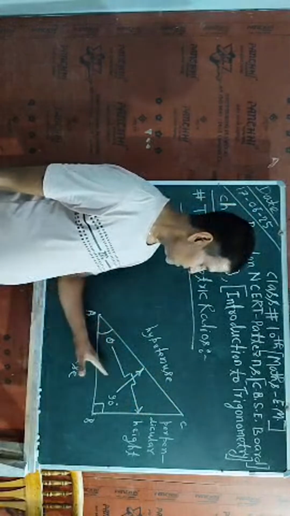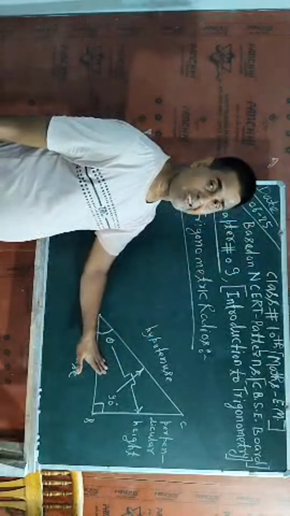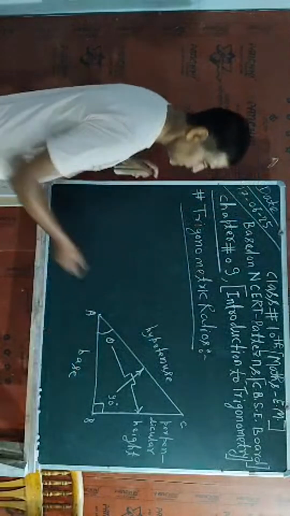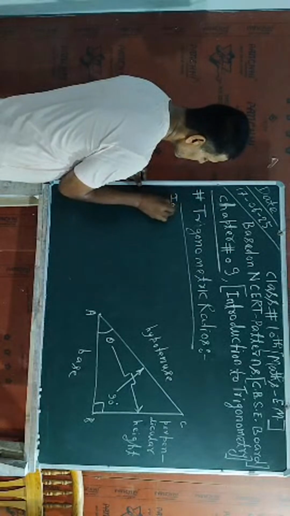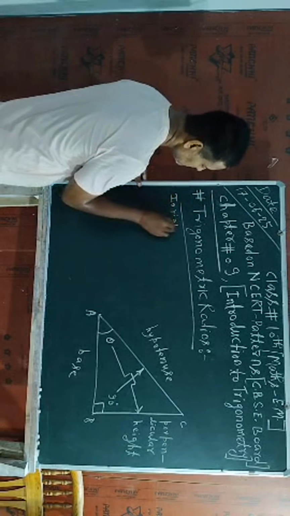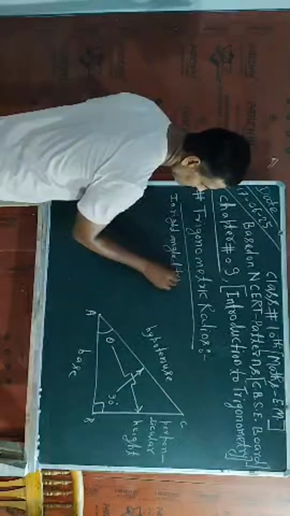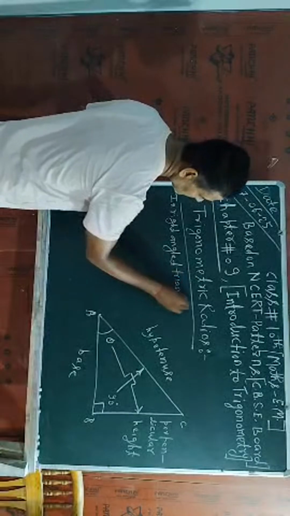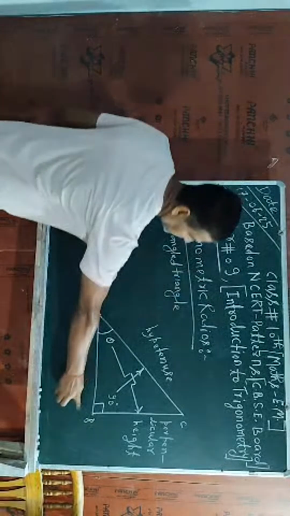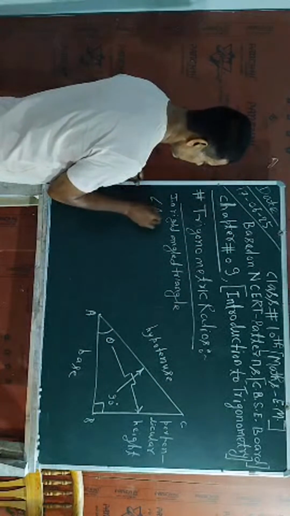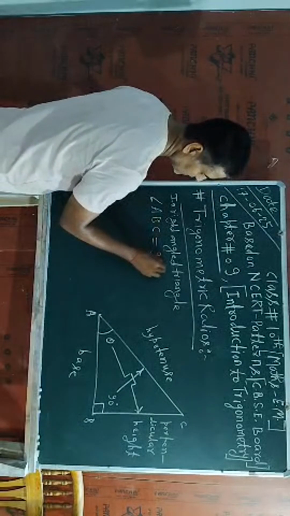Okay, students. So this is very important, because trigonometric ratios can be obtained only in a right angle triangle. So here I will say this is the right angled triangle, in which angle ABC is 90 degrees.